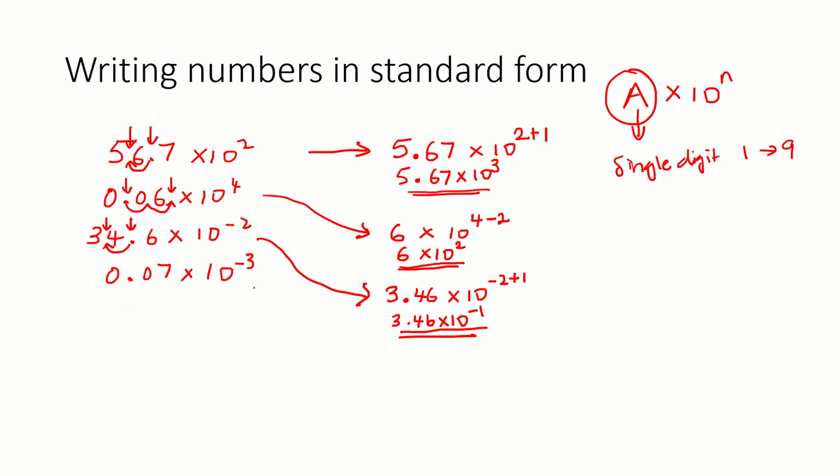Okay, now the last number will be 7 times 10 to the power of minus 3. Okay, so decimal is on the left side and we have to move it to the end of 7. So there will be 2 steps here. So what do you think is the power?